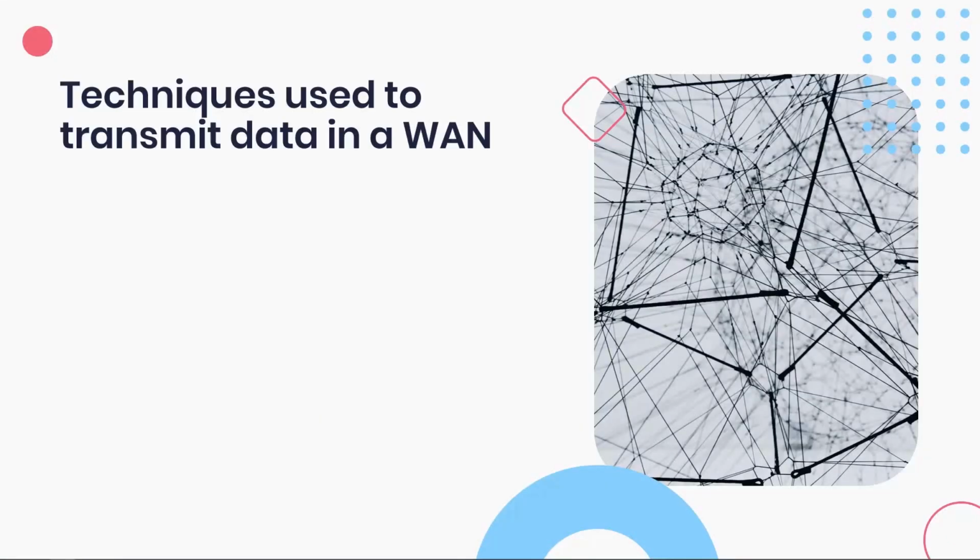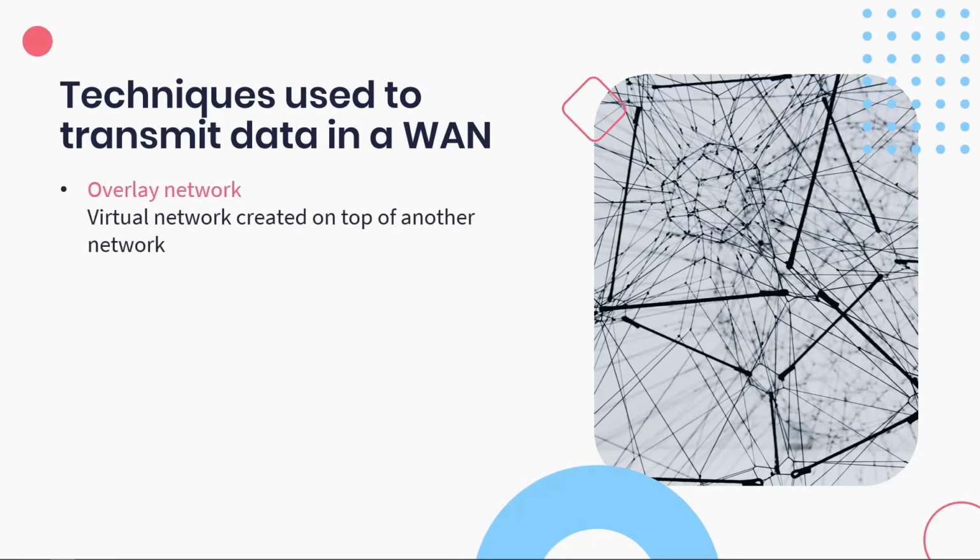There are various techniques that can be used to transmit data in a WAN. An overlay network is a communications technique where a virtual network is created on top of another network, typically a hardware and cabling infrastructure. Packet over SONET/SDH refers to packet over synchronous optical network or synchronous digital hierarchy.